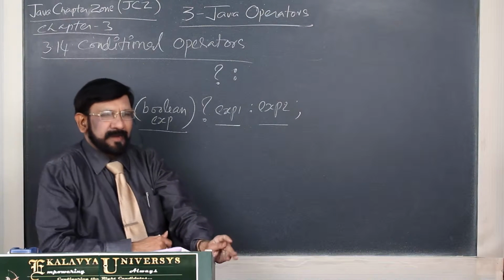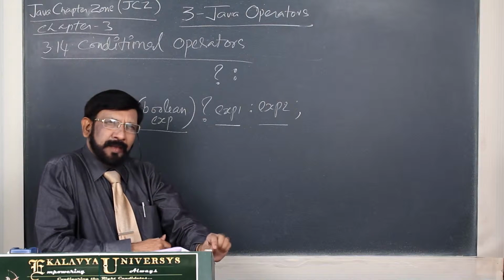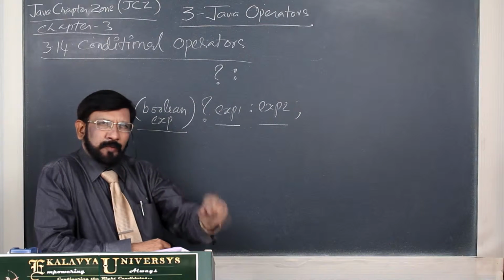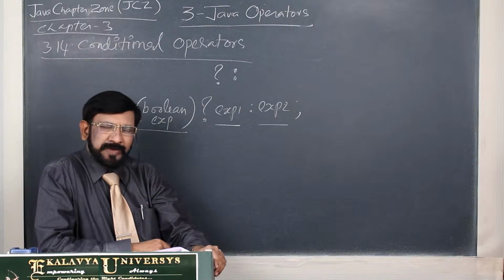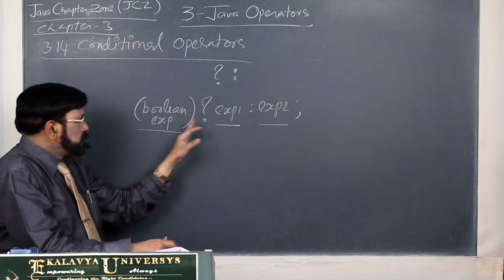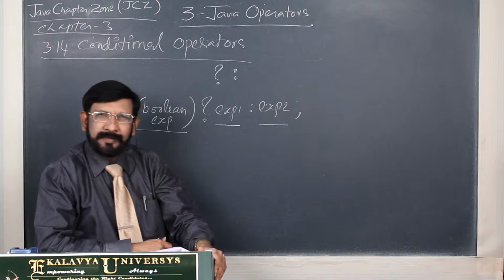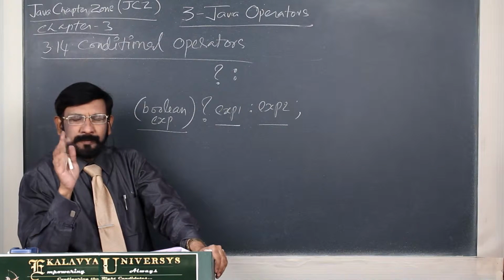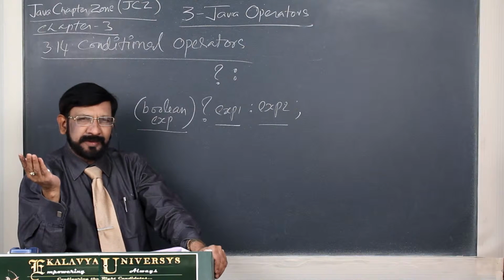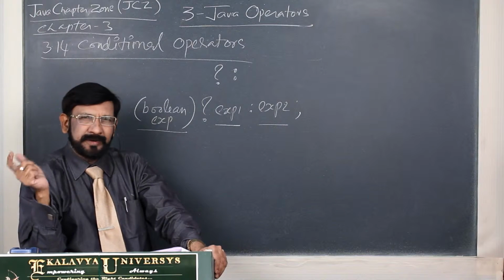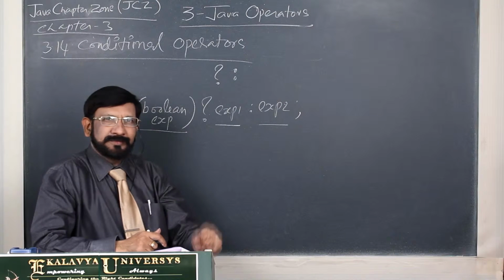In this context, I would like to tell you one thing. Whenever you have to perform a simple selection, then you may use conditional operators. If you have to perform a bigger selection, where a number of statements or lengthy statements are there, then don't use this.